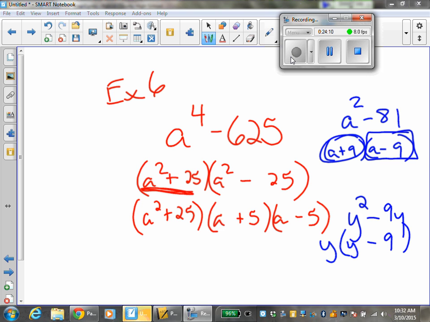Am I finished, or could this go further? Is this a perfect square? No. You with me? In order for it to be a difference of 2 squares, this piece has to be perfect, and the whole piece has to be perfect, and it has to be a difference. But because of that y, it's not perfect. But it is a GCF. They both have a y. You can take a y out.